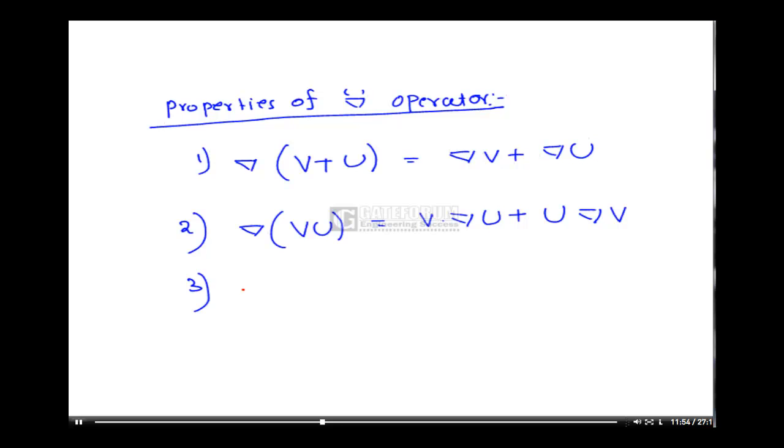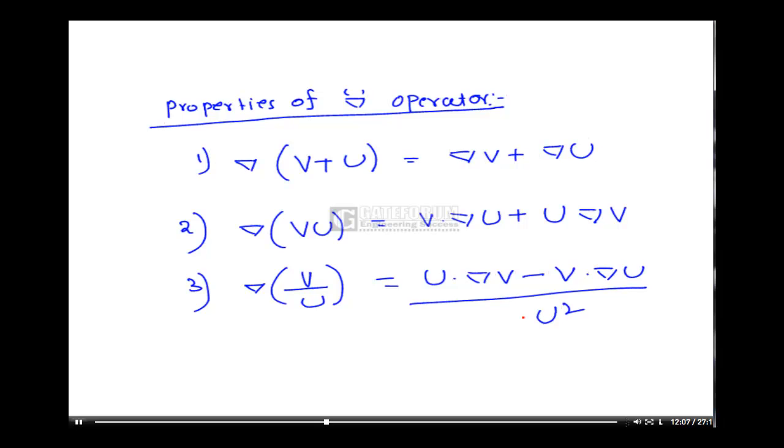Third one: del of v by u is equal to u into del v minus v into del u, by u square. Fourth one: del of v power n is equal to n into v power n minus 1 del v.